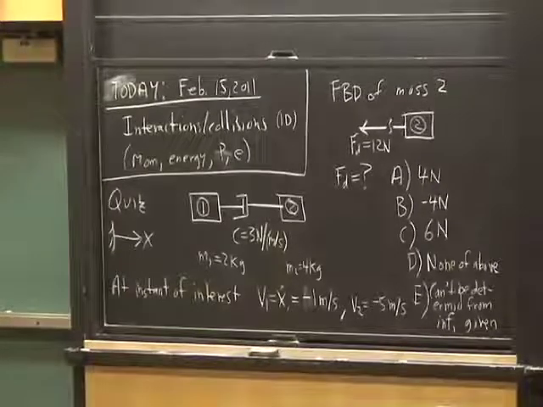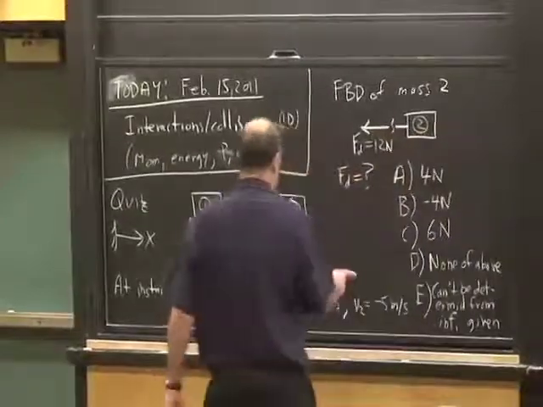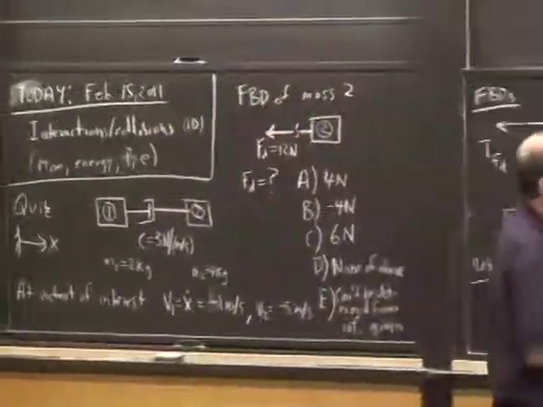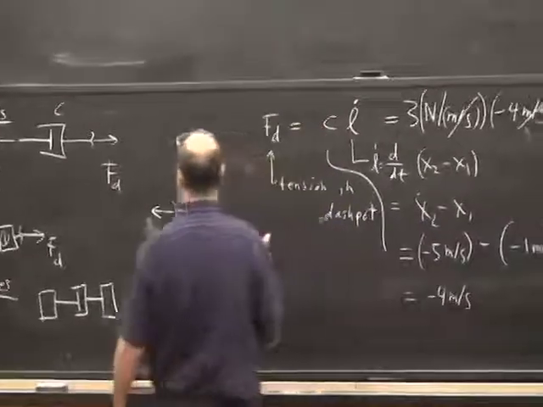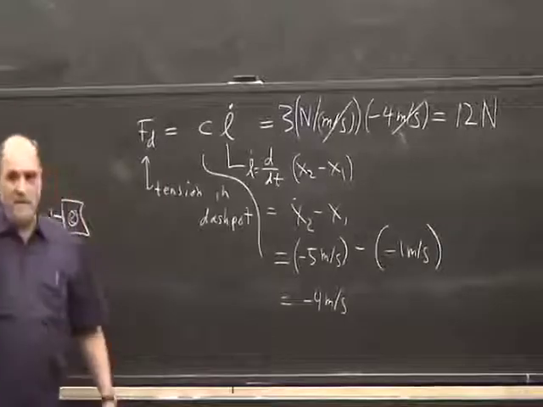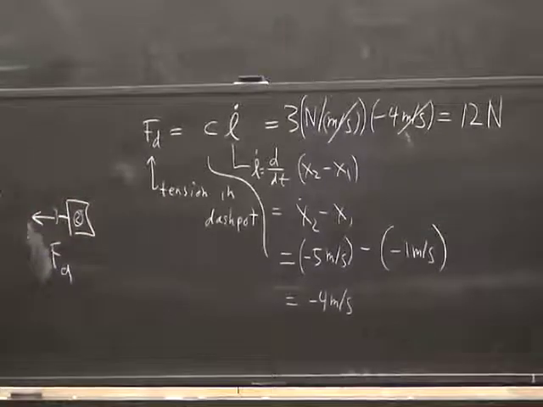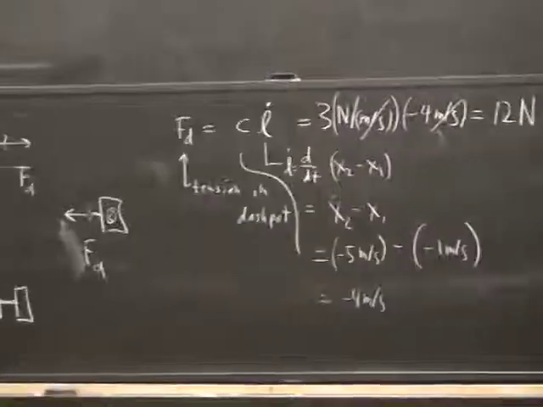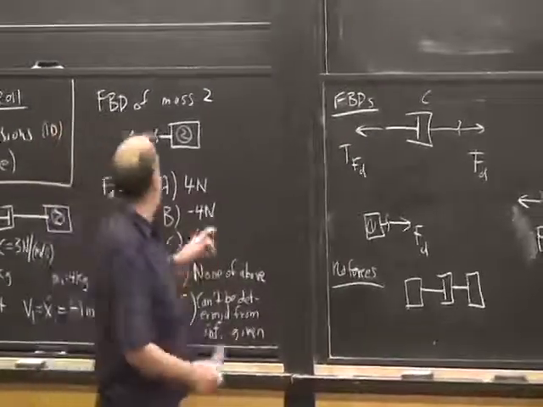Did I do the calculation wrong? Somebody tell what I did wrong? Yes? It should be pushing to the right, but let's just say I did all this calculation right.